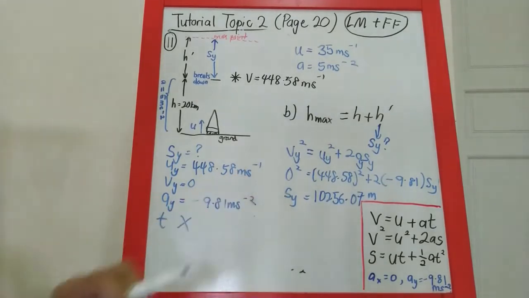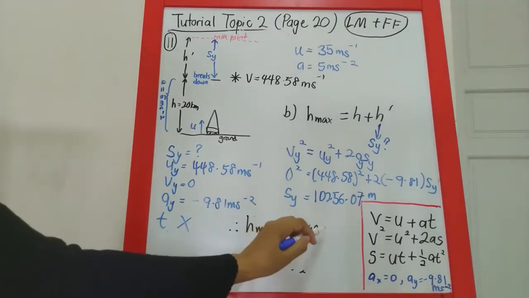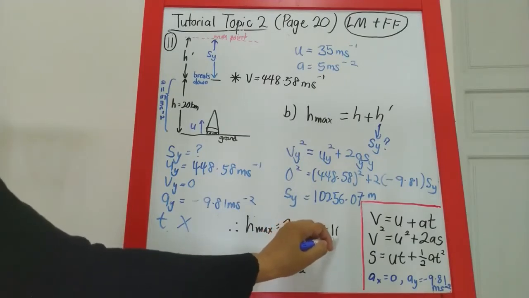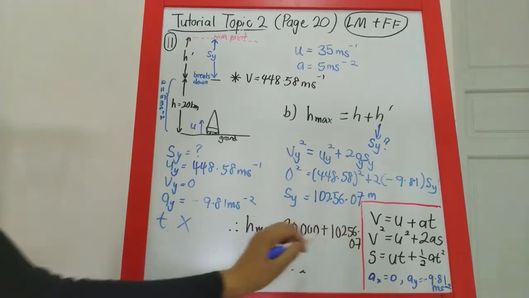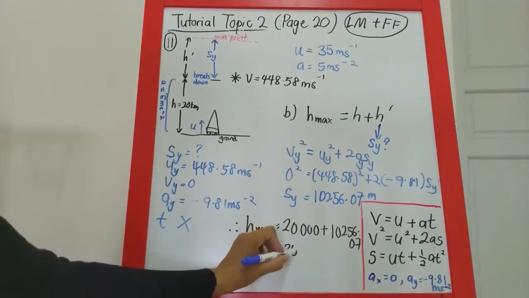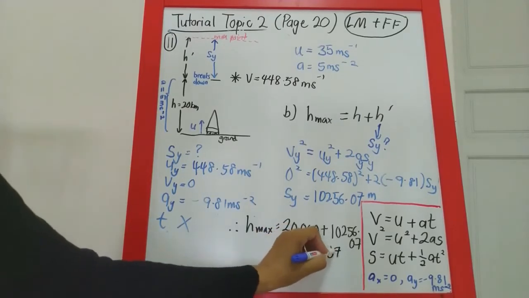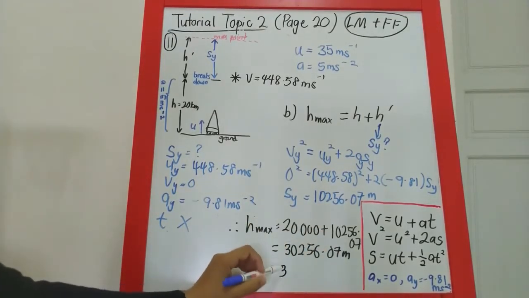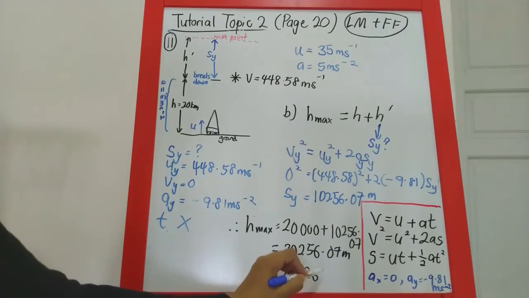But we are not done yet because it asks for height maximum. Maximum is simply 20,000 plus sy here for h prime. So that is 30,26 6.07 meter, or you can write it down as 30.26 kilometer.